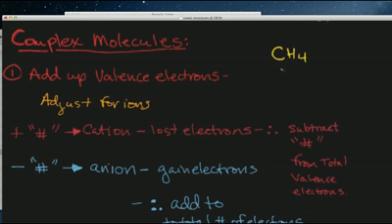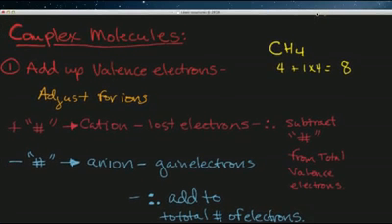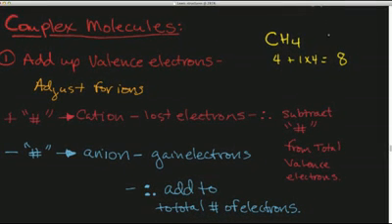Hydrogen has 1 valence electron. It's in the 1st group, but there are 4 of them total. So here we would have a total of 8 valence electrons.